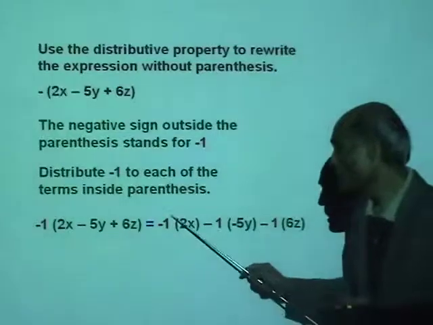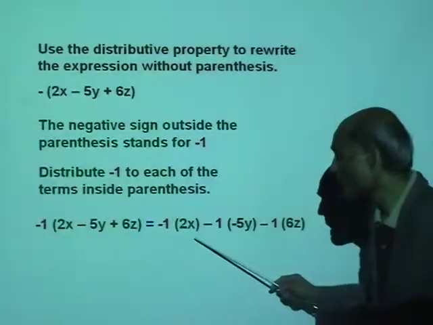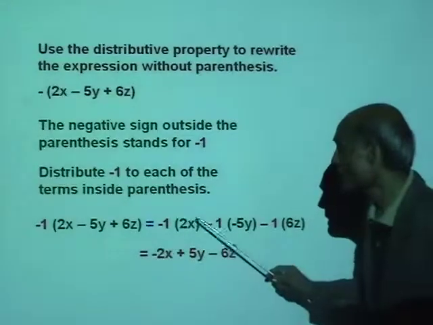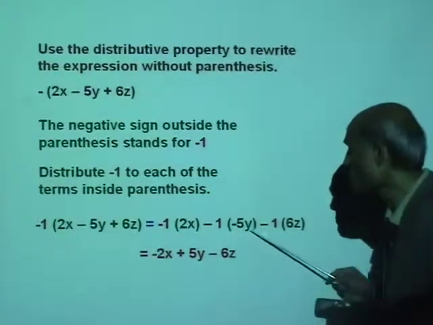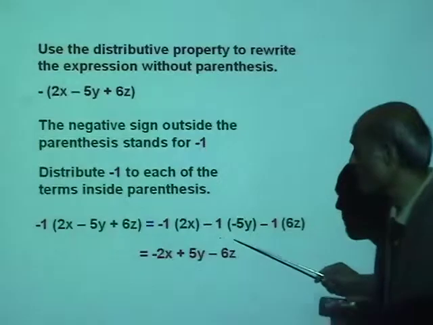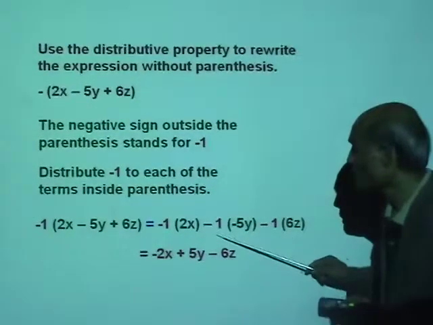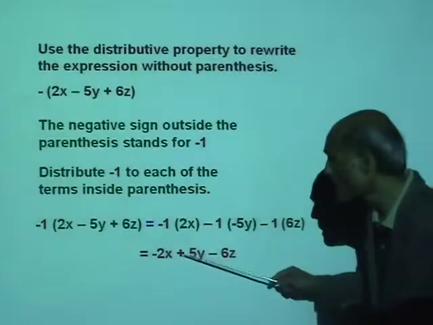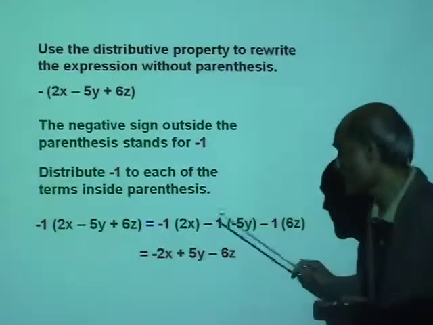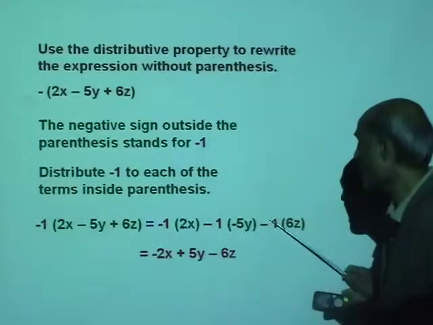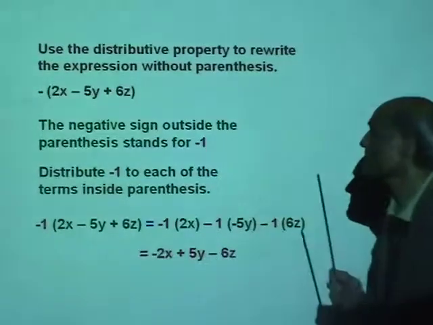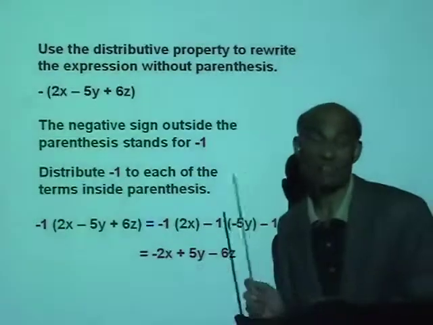And now, what is negative 1 multiplied by 2x? That is negative 2x. And negative 1 multiplied by negative 5y is positive 5y. And negative 1 multiplied by 6z is negative 6z. And that is the result.